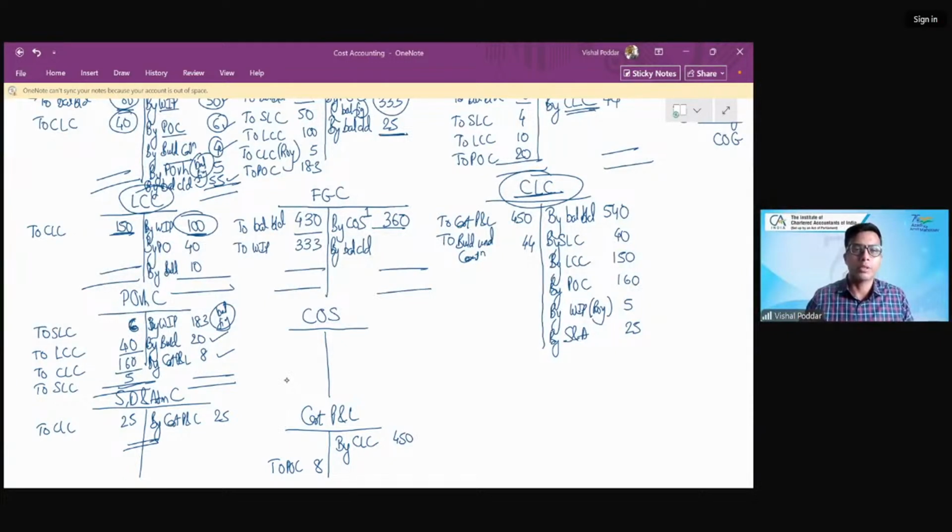Good, very good. So 403 is closing finished goods. Let me do the second posting of this in COS account. So to finished goods control 360. Now, whatever is the balance in my COS will at the end of the year go to cost P&L. So even this is closed.